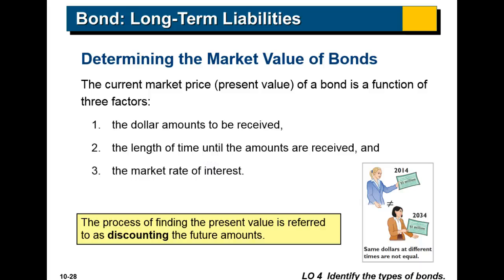Now, those are all stated rates on the bond. But things with the market are going to go up and down. They're going to fluctuate. So we have to determine the market value of bonds. So that's going to be different than the stated rate on those bonds. The current market price of a bond is a function of 3 factors: the dollar amounts to be received, the length of time until the amounts are received, and the market rate of interest.